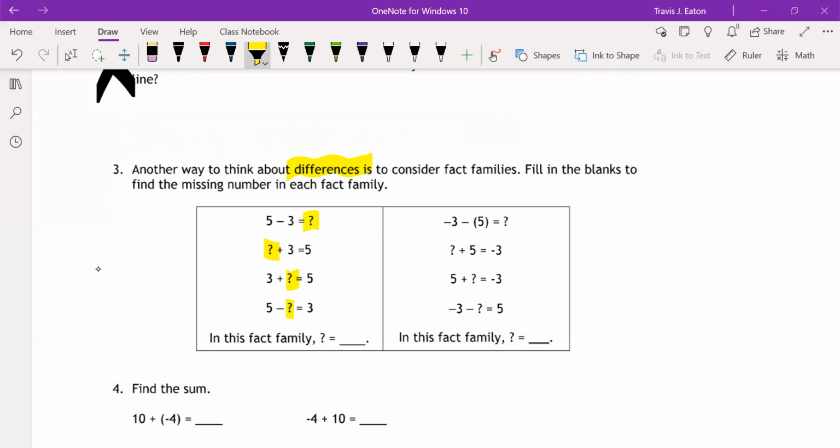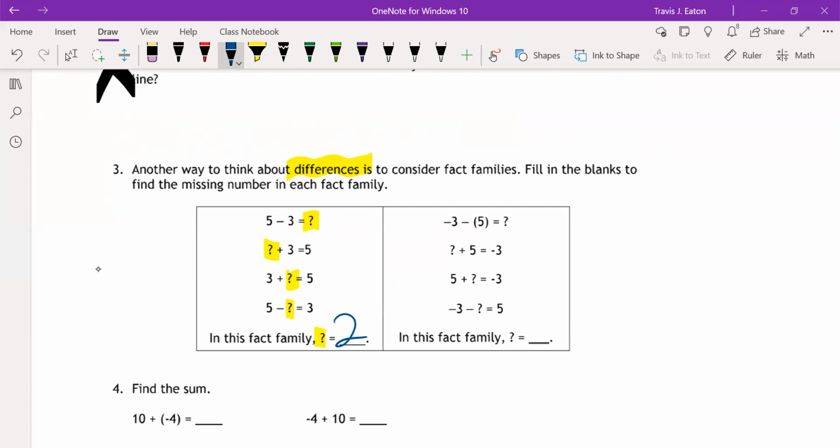And 5 minus what equals 3? What is the question mark in these 4 number sentences in this fact family? You probably guessed already that it's 2. Absolutely. 5 minus 3 is 2. 2 plus 3 is 5. 3 plus 2 is 5. And 5 minus 2 is 3.